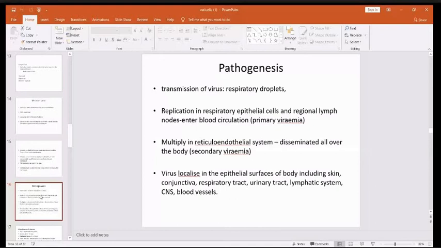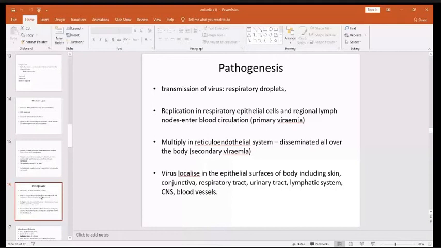One of the phases is the prodromal phase. It starts with the fever and can last for around 2 to 4 days. So the patient first presents with fever associated with cough, coryza, and conjunctivitis. Fever and 3 C's: cough, coryza, which means runny nose, and conjunctivitis. And after around 2 days of fever, one of the pathognomonic features of measles appears, the Koplik spots.